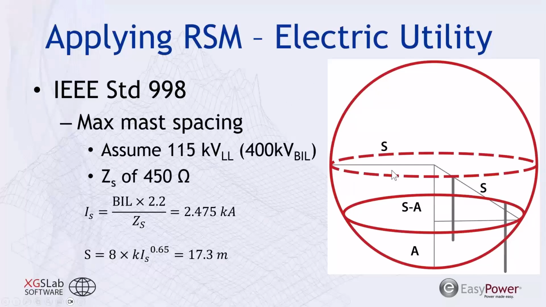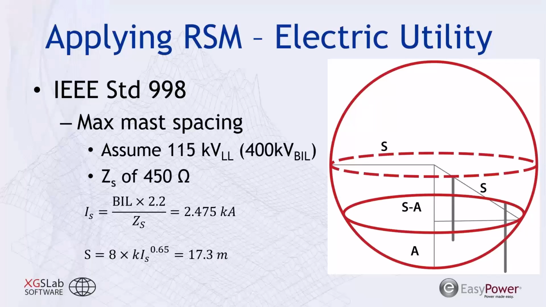So if we do this calculation, let's say we have a 115 kV switch yard that has a 400 kV BIL design. And based off of our calculations for ZS, we determined a surge impedance of 450 ohms.